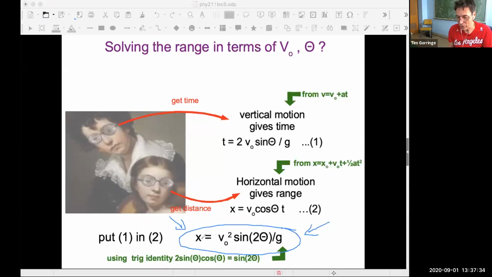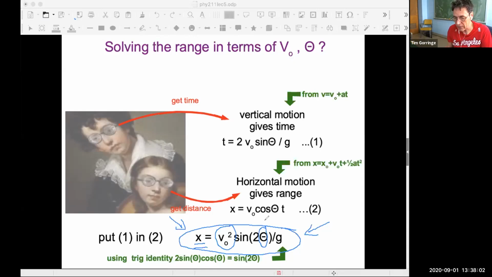This tells you the range of the cannonball when you try and fire it at the ship or the castle in terms of the initial speed of the cannonball, how fast you fired it, v naught, and the angle. This theta here is the angle that you fired it at. That's theta. And so, you could adjust the range by firing at different speeds, firing at different angles.